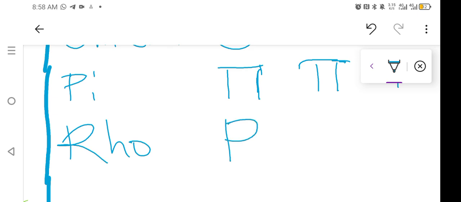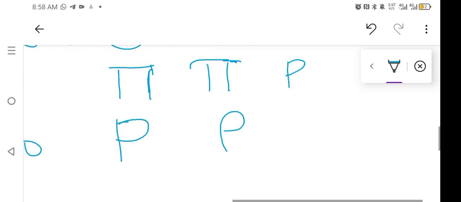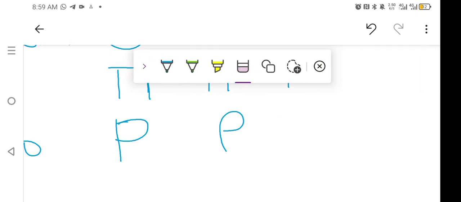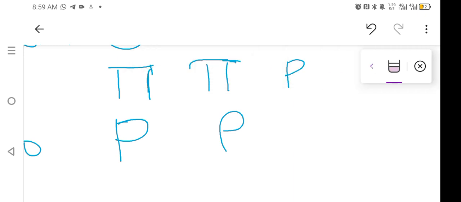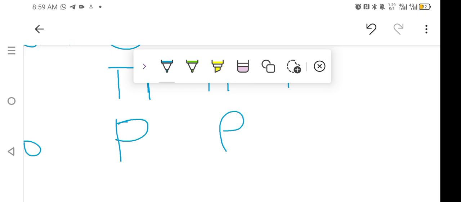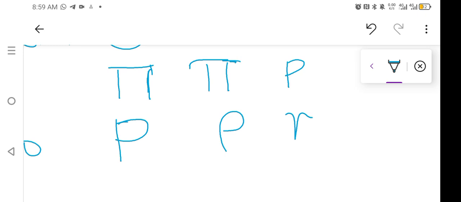So rho, lowercase, is equivalent to the English letter R. Depending on how you write, some people write the R like that, some people write R like that, and then there's a curve down there.